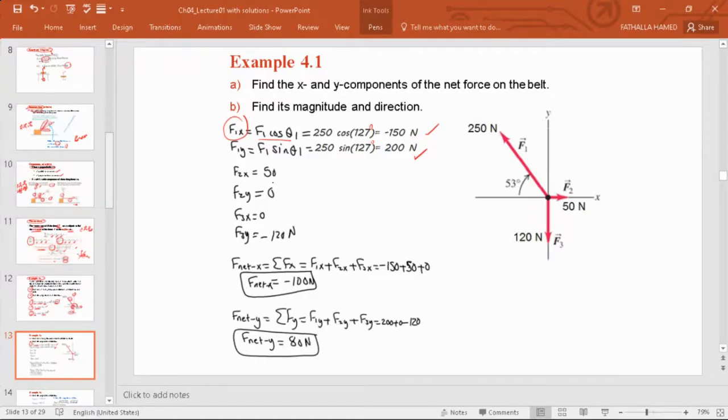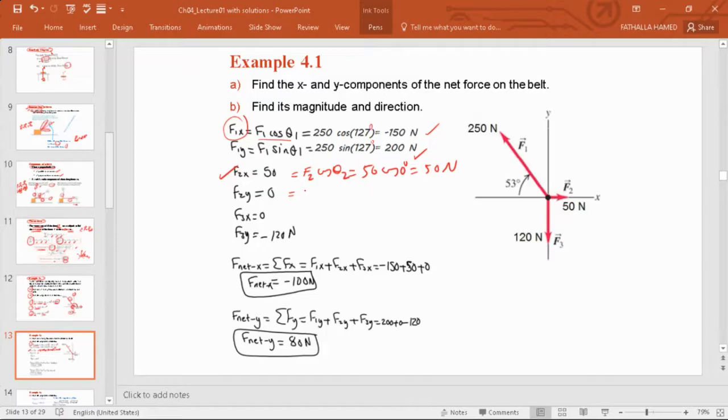Now the F2x should equal F2 cosine theta 2, which is 50 cosine 0 degrees, and cosine 0 degrees is 1, and that's why you get 50 newtons.